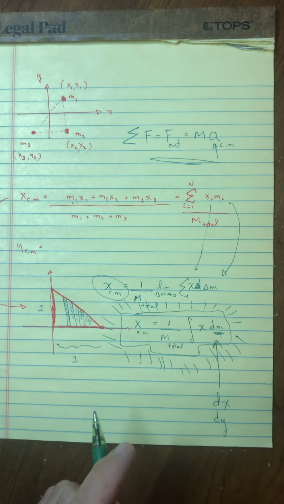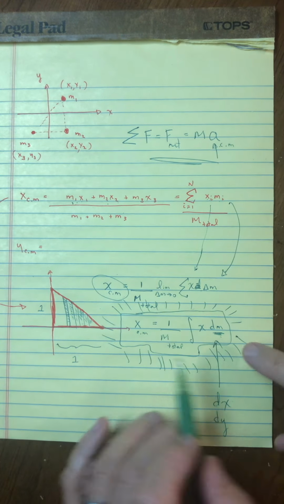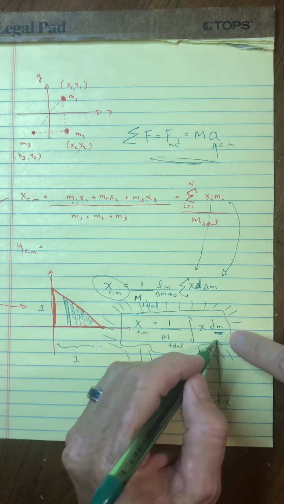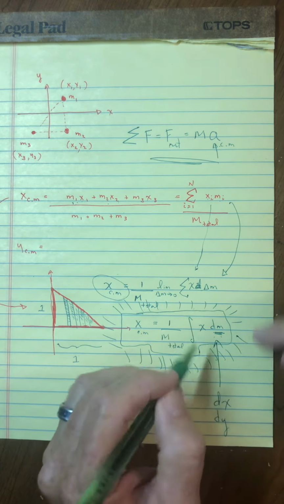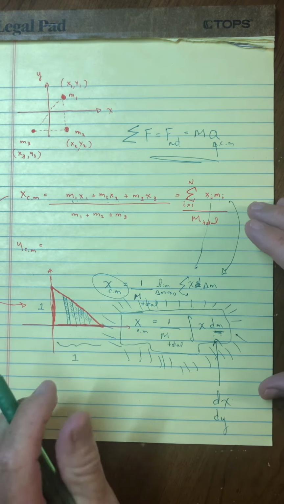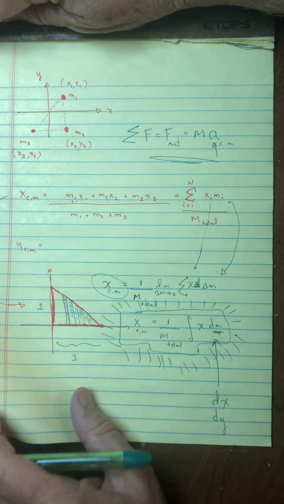But the most important part of this problem is really understanding what we mean by the dm, let alone how we convert a dm into a dx. That's still going to be a tough step here. I hope I didn't spend too much time babbling on about that.